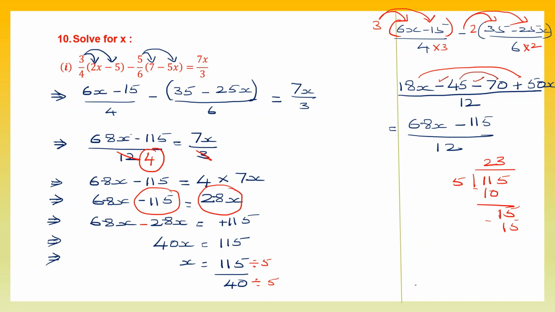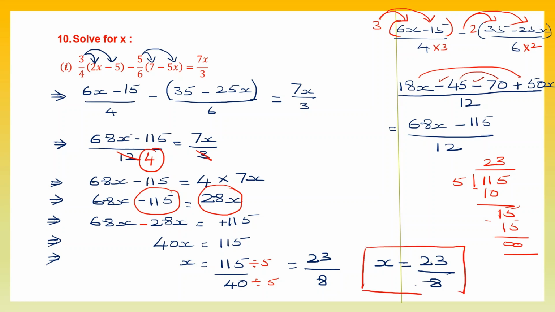So what do I have? 23. So this is 23, the numerator, and the denominator 40 divided by 5: 5 eights are 40. So now I have found the value of x. x is equal to 23 by 8. So this is our final answer, 23 by 8.